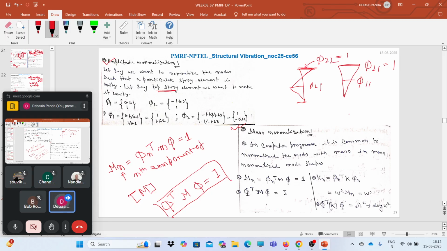So mass normalized mode shape, that means the mass is actually normalized corresponding to the modes, and each element of this mass matrix will contain this value phi n transpose M phi n. What is that n? Corresponding to that particular degree of freedom. So if we are looking for the first element, n will be 1. If we look for the second element, the n will be 2. Likewise, it will increase.